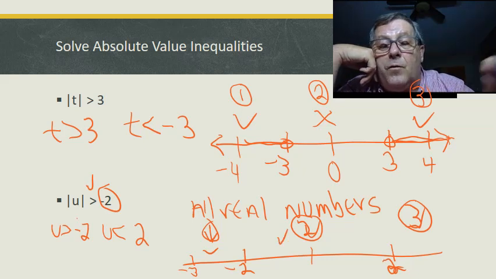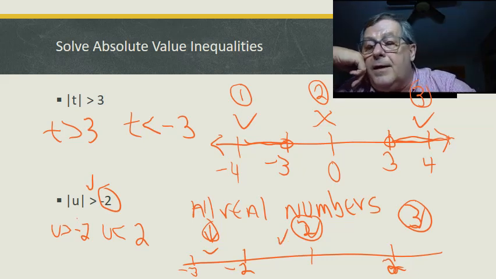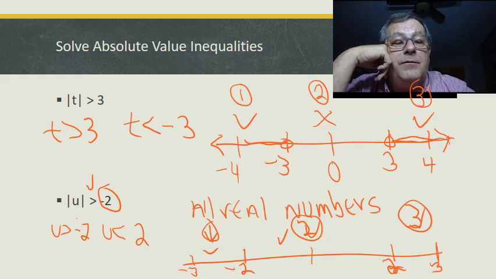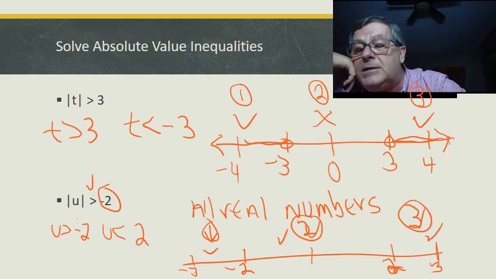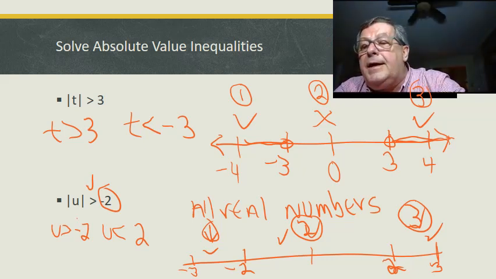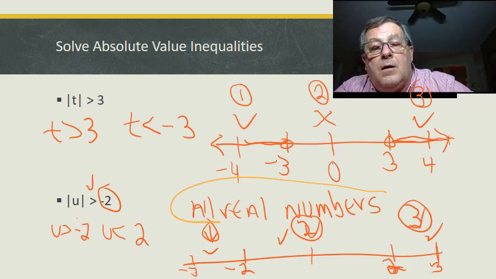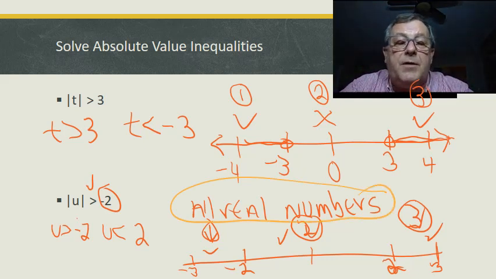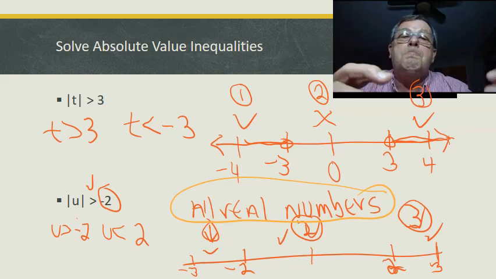And so that interval will pass. And over here in the third interval, let's pick 3 as our test point. The absolute value of 3 is 3, and 3 is greater than -2, and so it passes. And so this is a proof that in this case, with an absolute value greater than, even though it's a negative number, my solution set is all real numbers.